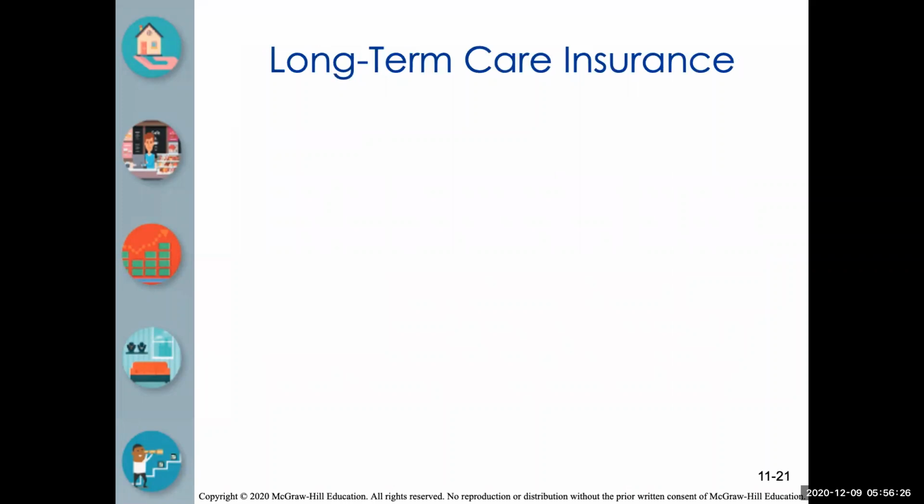Long-term care insurance. This is an important policy for you guys to start thinking about, especially at your age, because this will be the single largest expense that you have in retirement.